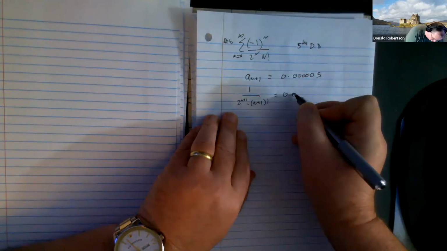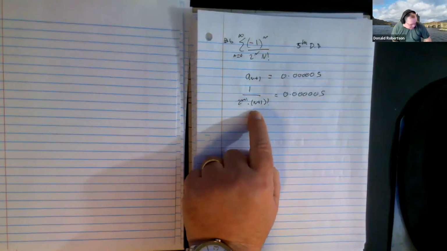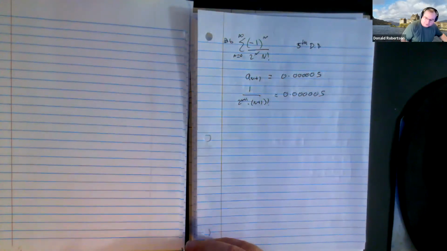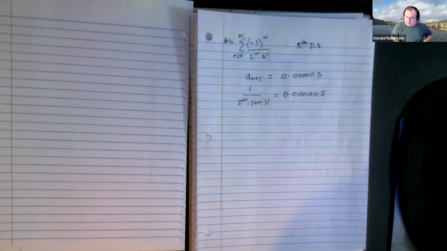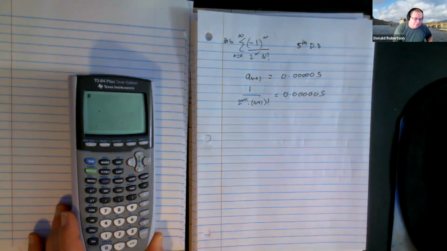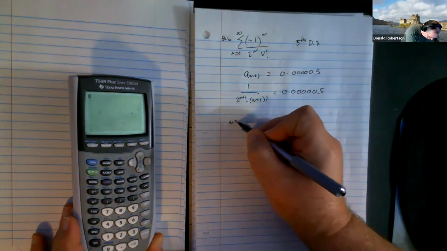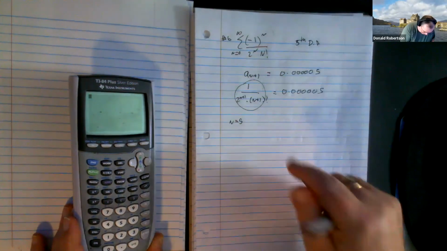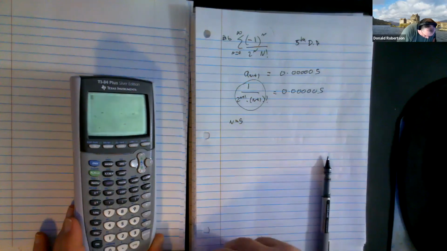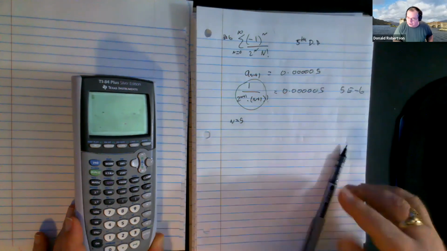Now, you should try, if possible, to solve this algebraically, right? But it ain't always possible. I can't solve equations with factorials in them by factoring or algebra. All I'm going to do is the old guess and check method. So, give me a number less than 10. 5. So, I'm going to do n equals 5, and I'm going to see what that is. And if it's a number less than that, that's a good sign. Although it's probably going to be 5e to the negative 6, right? Because when you go small, it goes that way.